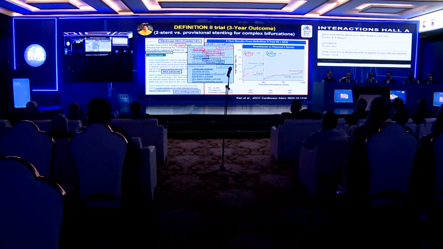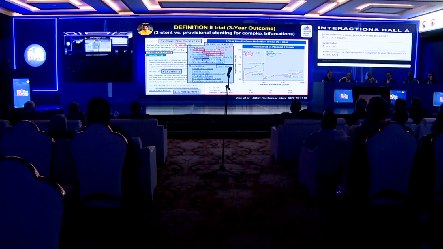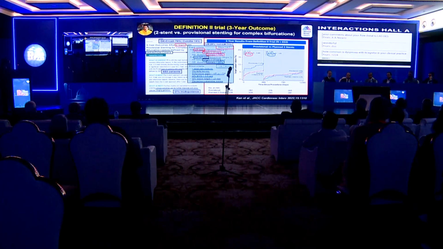To be clear, DK Crush was used in 78% and Culotte in 18%. Most of the difference you saw was that the planned two-stent technique was better compared to provisional, and the difference was seen at 1 year. At 3 and 5 years, there was no difference in outcome.